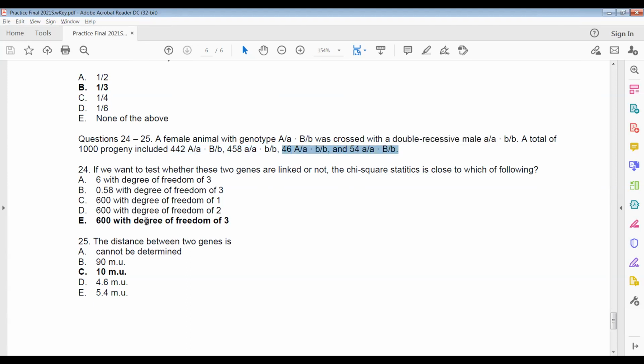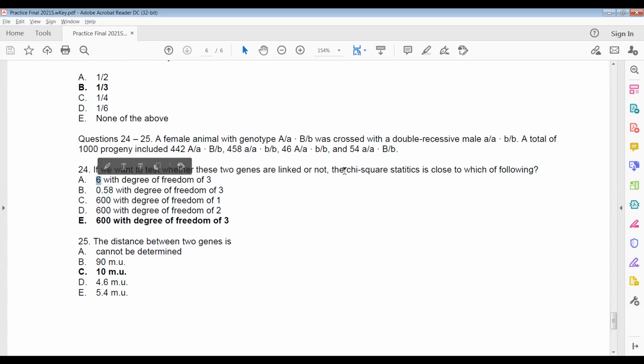So if this is true, you do not need to do the calculation because that takes time. Based on this information, you can immediately know. If you calculate the chi-square statistic, this number should be very large. These are too small, close to 0. This number will only occur when there's no linkage between these 2 genes.